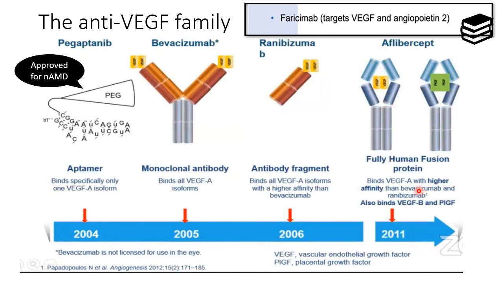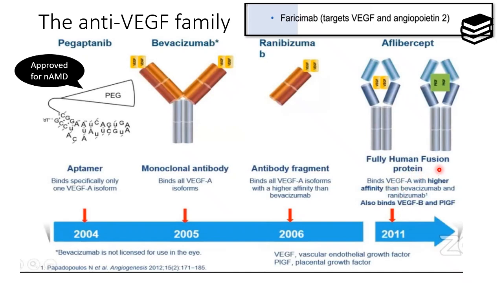They bind VEGF-A, VEGF-B and PlGF. You remember VEGF-A binds to both VEGF-R1 and R2, and VEGF-B and PlGF bind to receptor R1. So this has the binding sites of VEGF receptor 1 and 2.